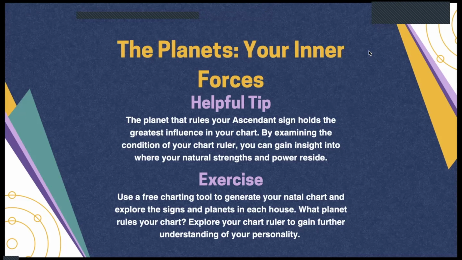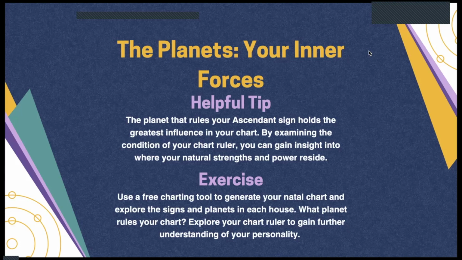So, helpful tip for the planets. The planet that rules your ascendant sign holds the greatest influence in your chart. By examining the condition of your chart ruler, you can gain insight into where your natural strengths and power reside. So if your ascendant sign is Taurus, your chart ruler is going to be Venus because Venus rules Taurus.